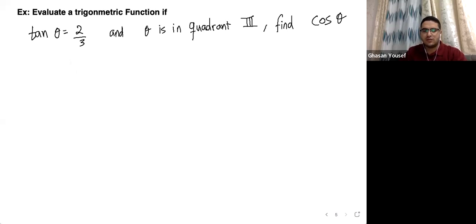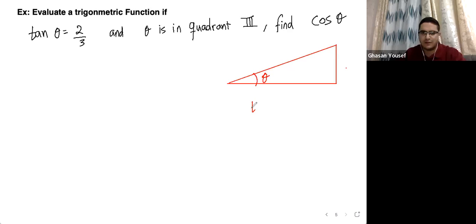To do this, you should graph a right triangle like this. This is the first step. And the tan of this angle is 2/3. What is the meaning of tan?